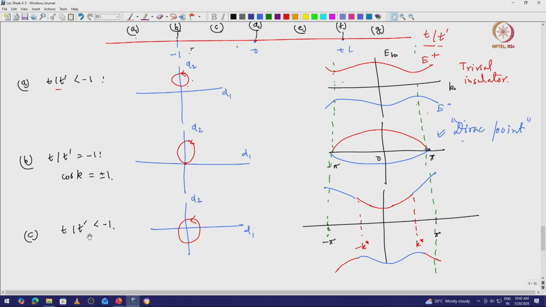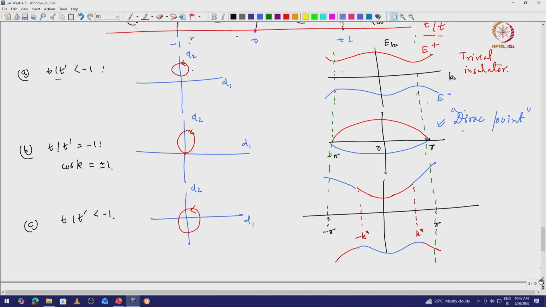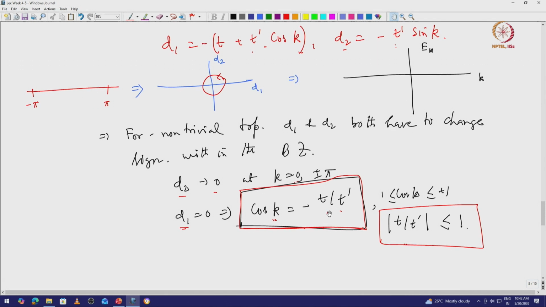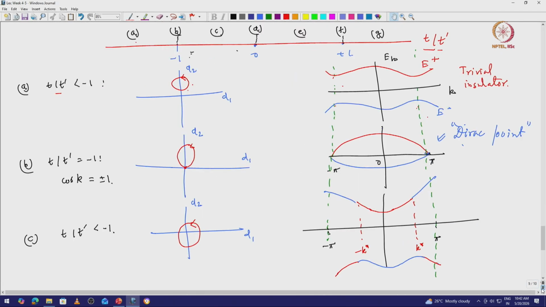Now, as we cross to region C, both d1 and d2 change sign, but not at the same point. Okay. So, d1 is changing sign here, and d2 is changing sign at some value k star that we can find out from here. When this condition is satisfied, d2 will go to 0, and from there we can find k star.